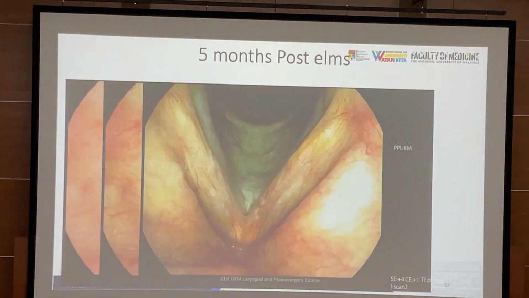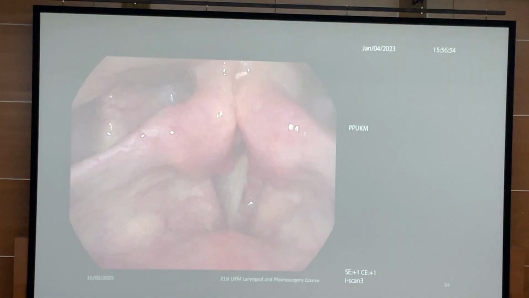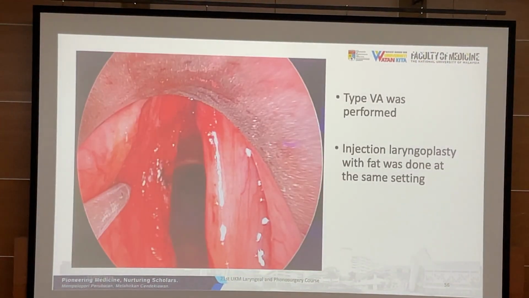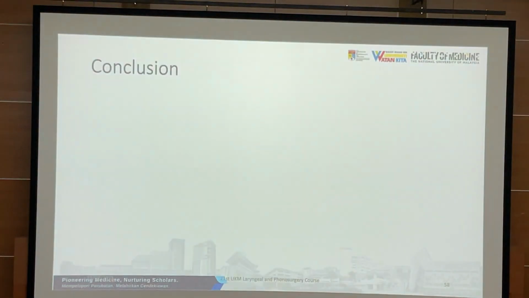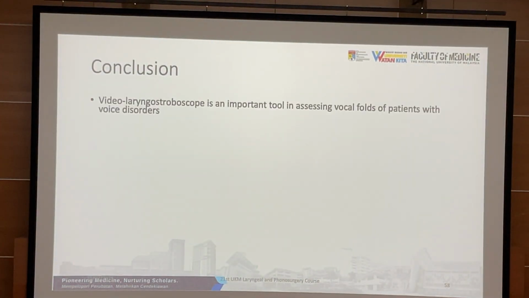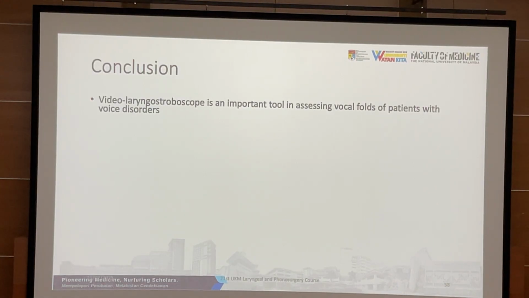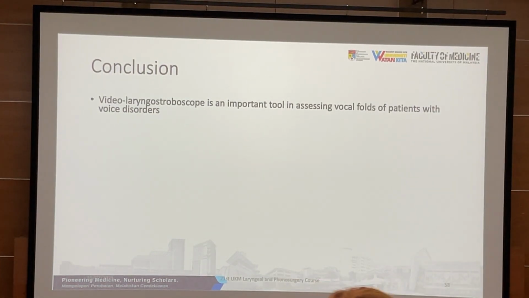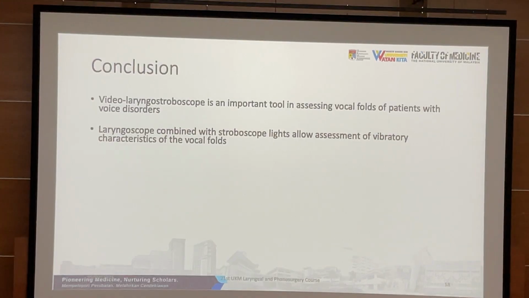Maybe the last bit, the conclusion. The conclusion: video laryngostroboscope is an important tool for you to assess vocal fold patients with voice disorder, especially when you can't see any obvious lesion, any structural or any obvious neurological cause like vocal fold immobility.